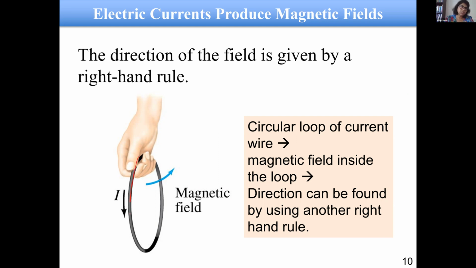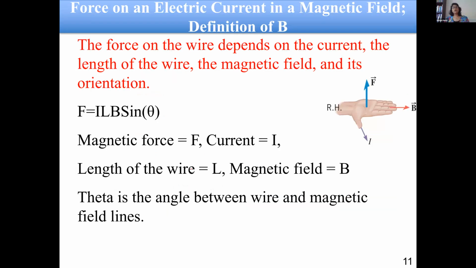Here you will see your thumb is pointing this way, then you grab the wire, and your other fingers go this way. That is the magnetic field. So now the magnetic field is basically like the feeling of your pulse, right? That magnetic field, that B we are talking about, is measured in Tesla. B is a vector, and its units are Tesla.